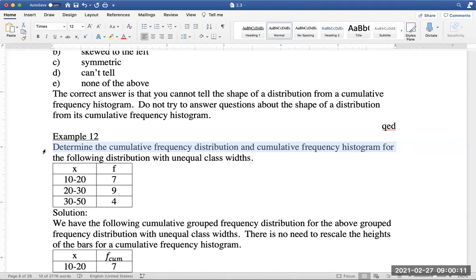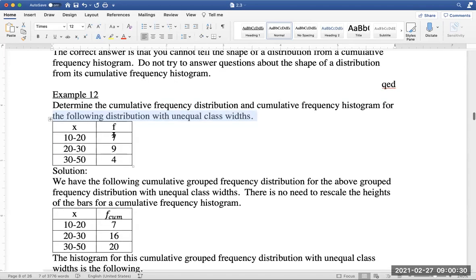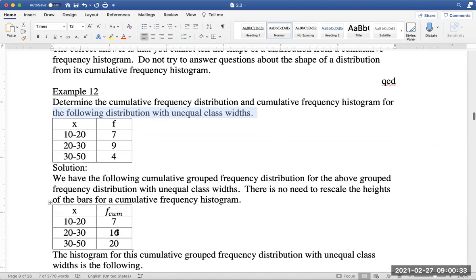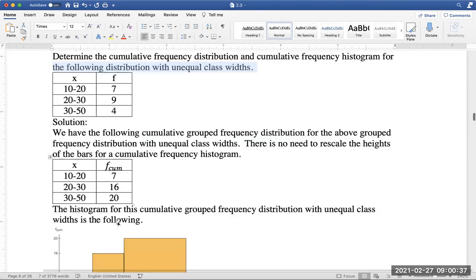Determine the cumulative frequency distribution and cumulative frequency histogram for the following distribution of unequal class widths. So I have 7 between 10 and 20, 9 between 20 and 30, 4 between 30 and 50. 7 plus 9 is 16, plus 4 is 20. So let's do the histogram.